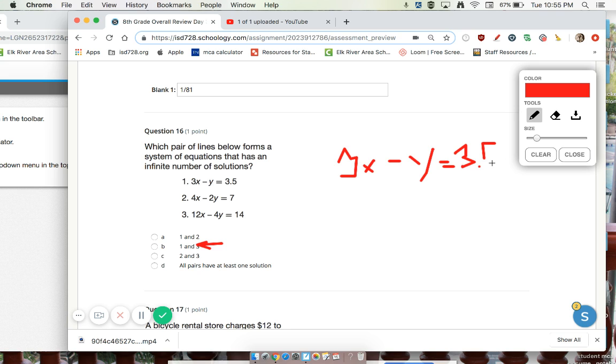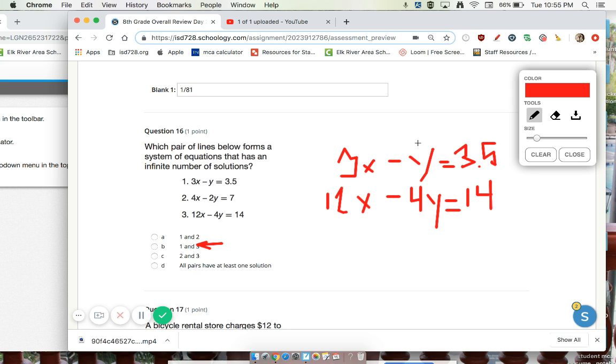And then equation number 3 is 12x minus 4y is equal to a positive 14. I think this one might be it, and I can tell by if it's a multiple. Okay, so I'm going to choose to do linear combination with this.